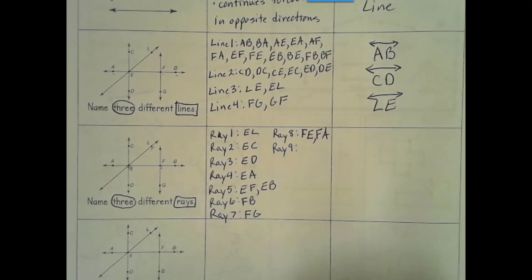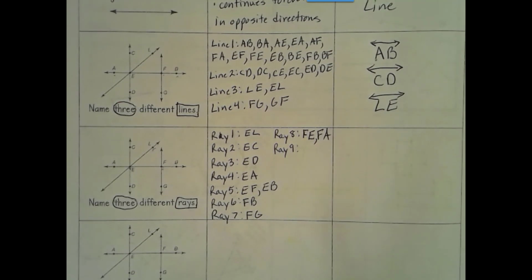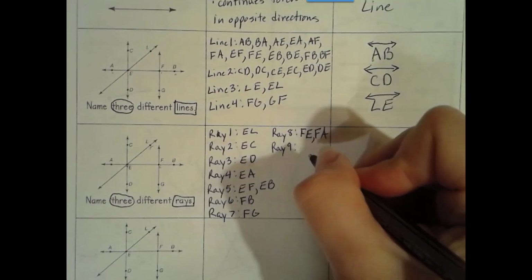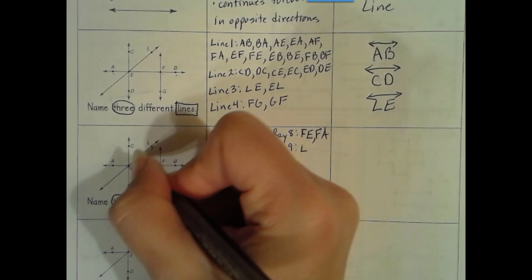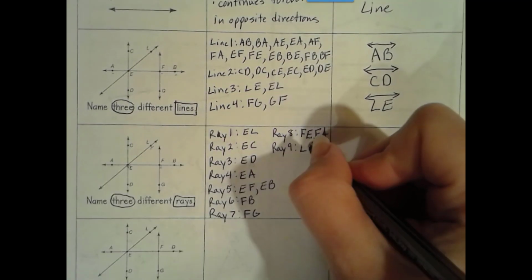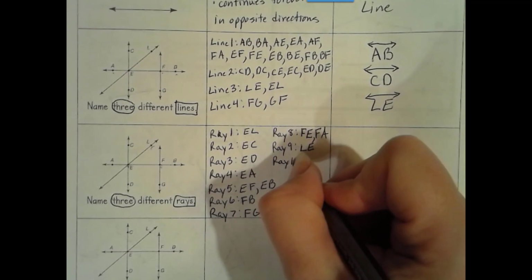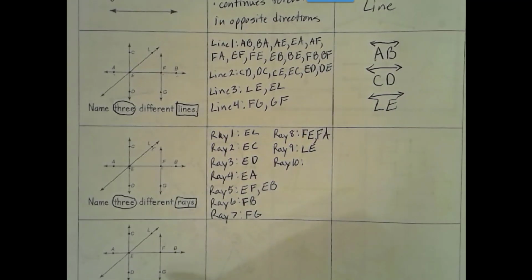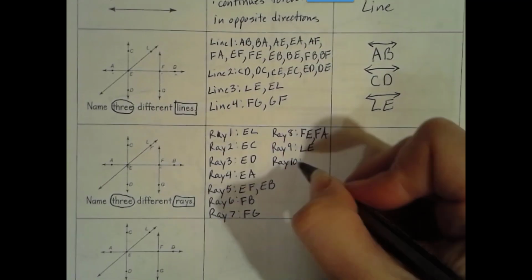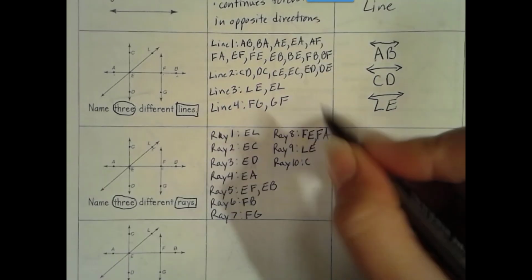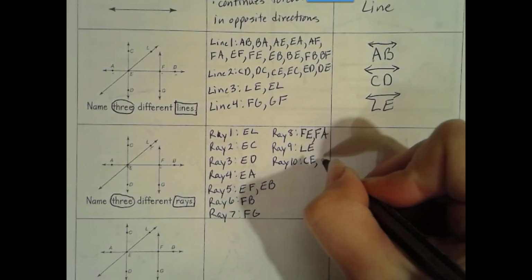I'm just going to get a few more down. These will not be all of them. I could have L be the endpoint, and it continue forever in this direction with LE. I could have C be the endpoint and go down, so I could have CE or CD.